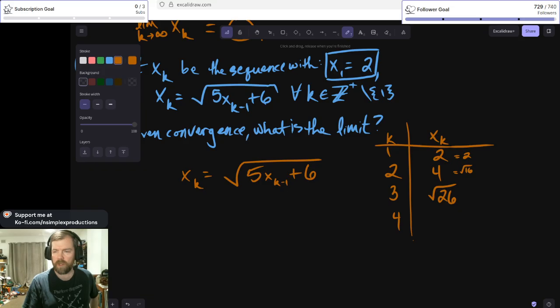Right, 4. This is going to be, I see the problem. Big square root. 5 root 26 plus 6.